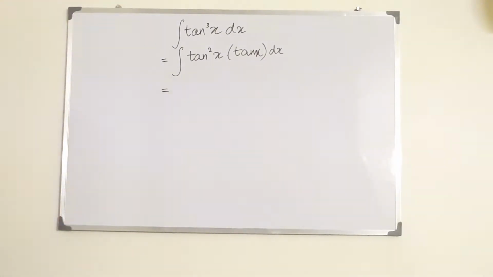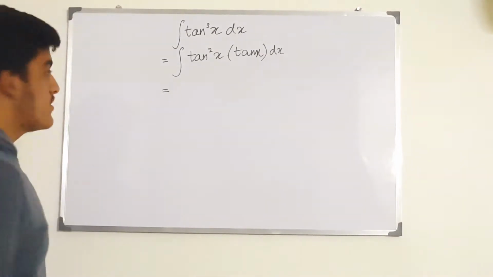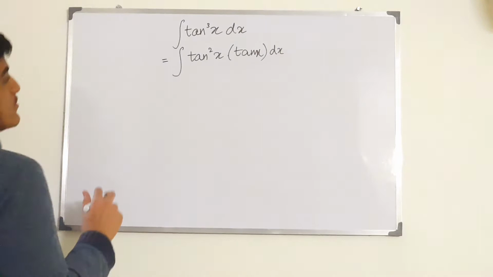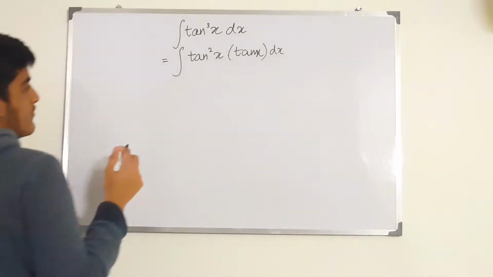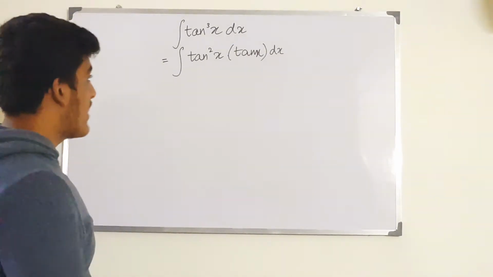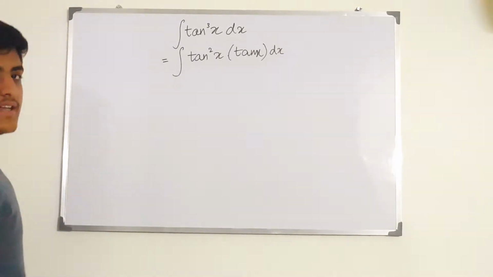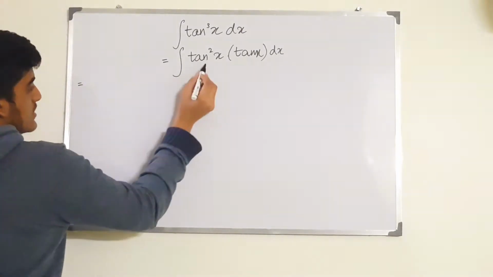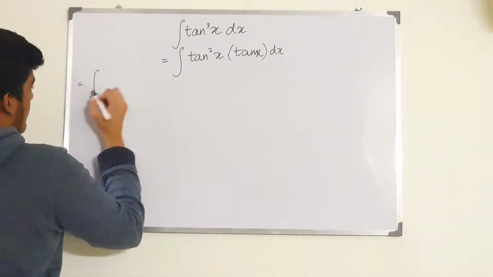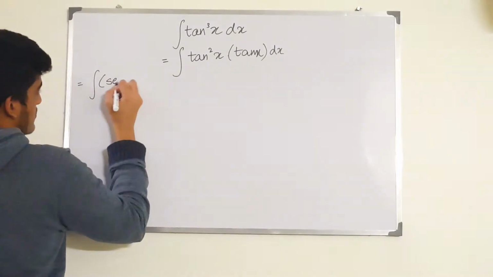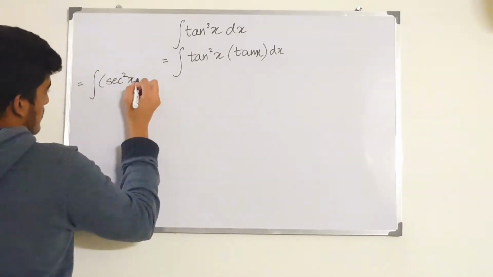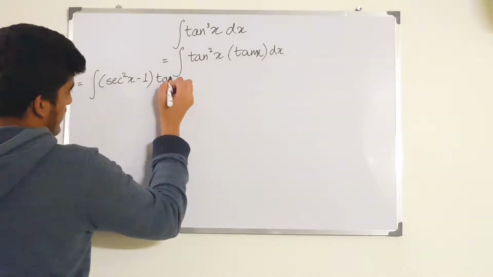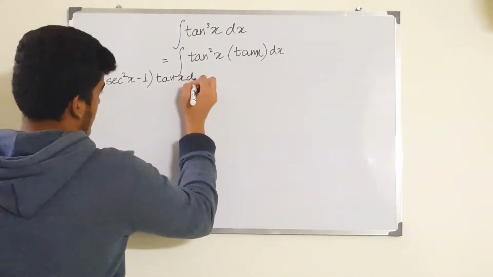As you know, the trigonometrical function sec square x minus tan square x is equal to 1. So we can substitute tan square x for sec square x minus 1, and it's multiplied with tan x dx.